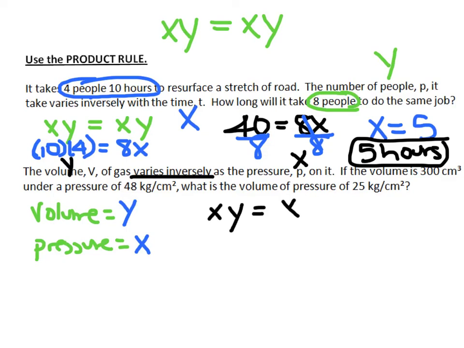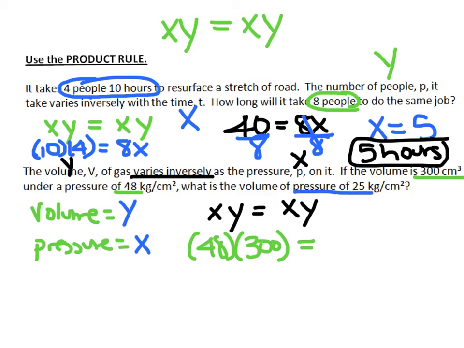So let's write our product rule. X times y equals x times y. Now the first x and y they give us is the 300 and the 48. So x is my pressure, and the pressure is the 48, times the volume, which is 300, and that should equal, now in the second part they gave us one more piece of information, and that's just the pressure. So we don't know what the volume is. So that's 25 times y.